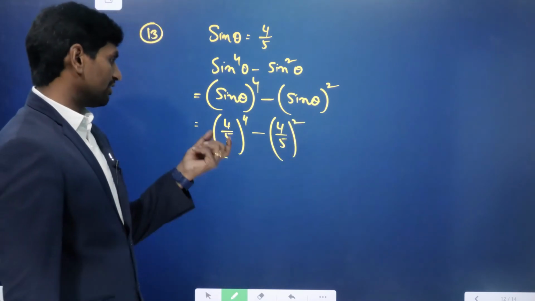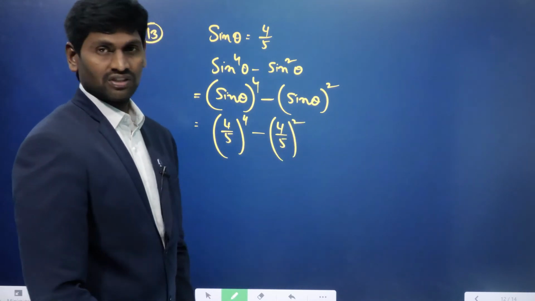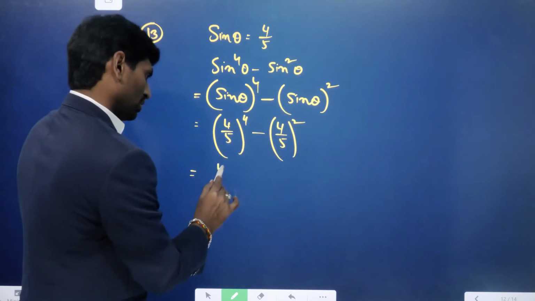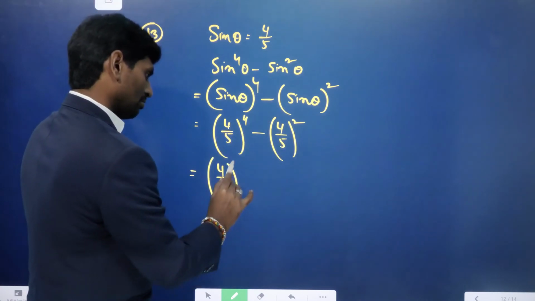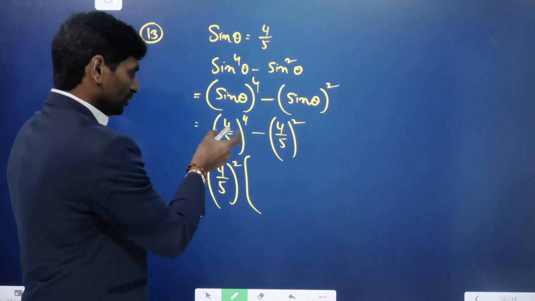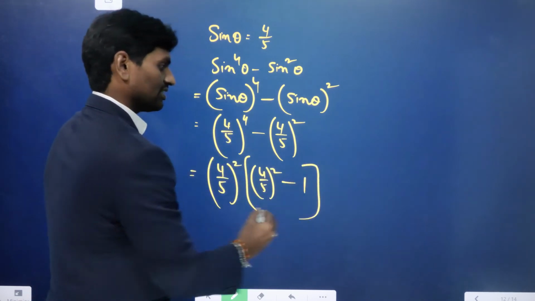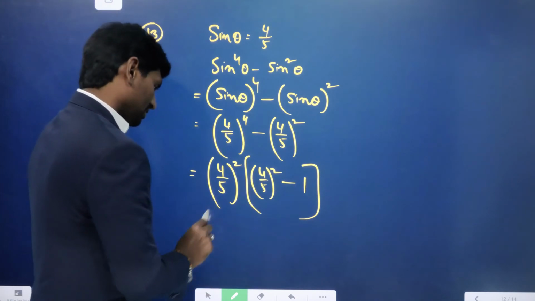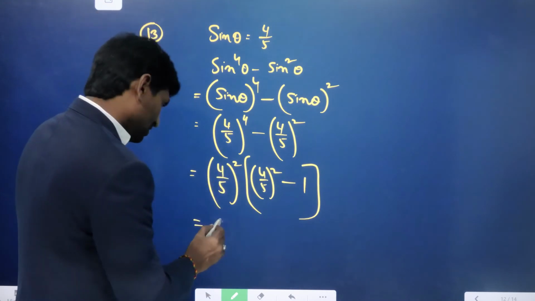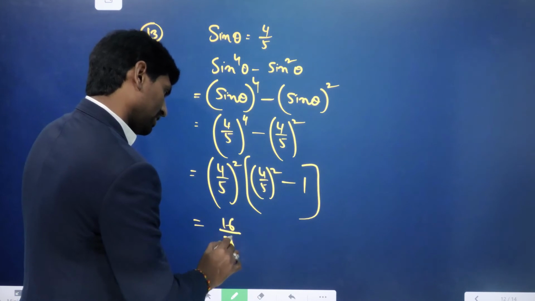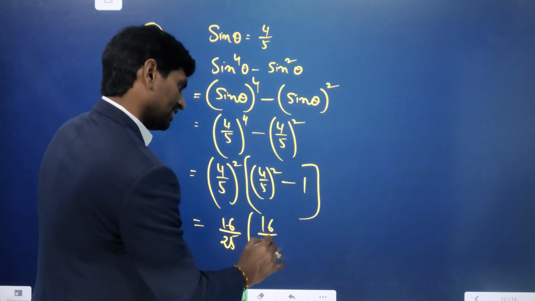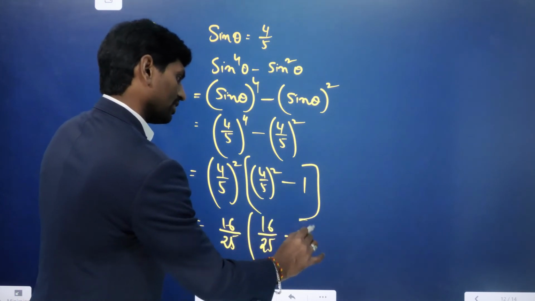That means 4 by 5 we need to multiply 4 times. Here 2 times. So I am taking 2 times as common. Here still 2 times remains. 4 by 5 whole square minus 1 remains. Simplify this one. 4 square value 16, 5 square value 25. Here also 16 by 25 minus 1.